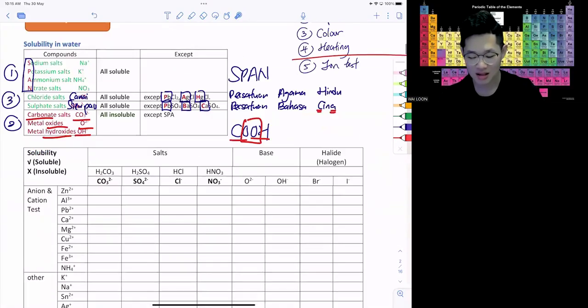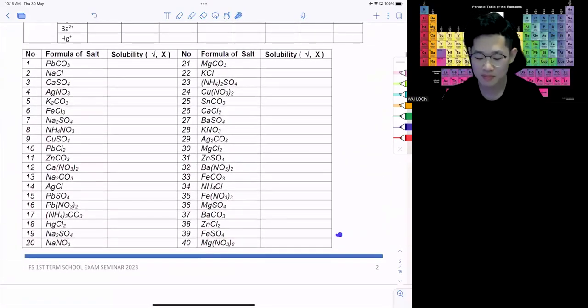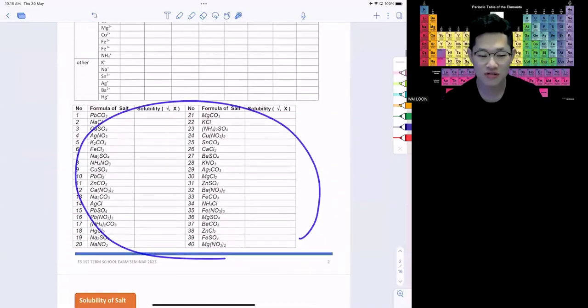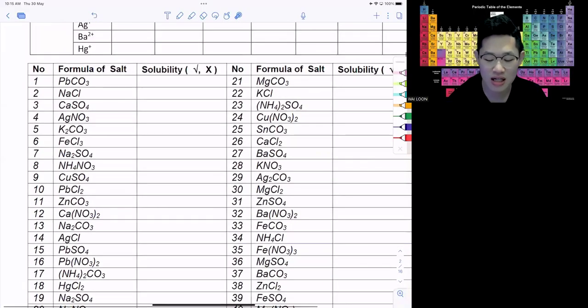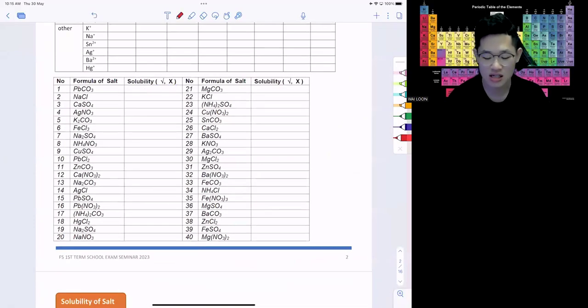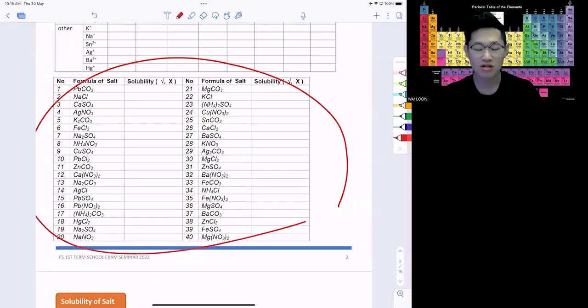Okay. Now, at the bottom, there are 40 questions. I need you to answer all these 40 questions. If it is soluble, you put a tick. If it is insoluble, you put a cross. Once you're done, you just say okay.